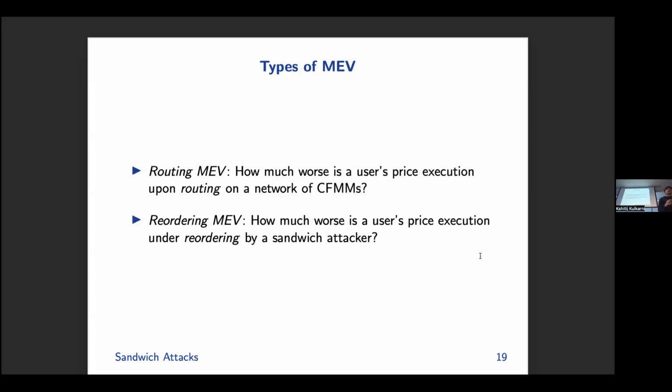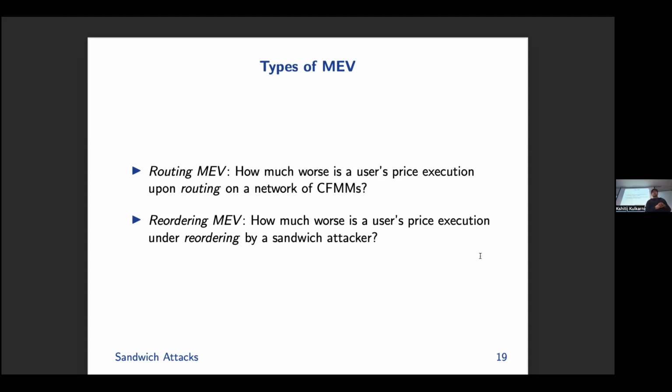Network in the sense that you have pairs that trade Ethereum to Bitcoin, Bitcoin to something else, and you have a network of these things. So what happens when you try to start trading on a network of these? And the second setting is, I remember I started this whole thing with that flow diagram, where the ordering that the user experiences really affects what the price they're going to get is.